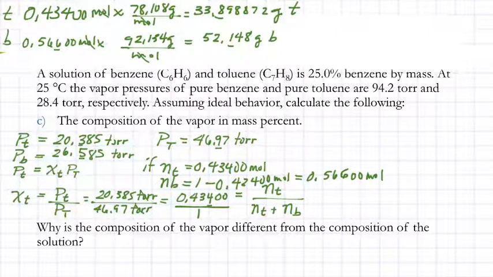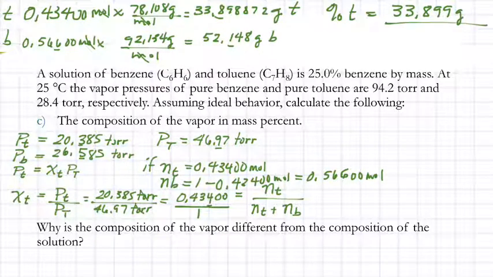So mass percent is the mass of what we're looking at divided by the total mass. So the percent by mass for toluene will equal the mass of toluene, 33.899 grams, divided by the total mass, which is those two added together: 52.148 plus 33.89, so that is 86.047.